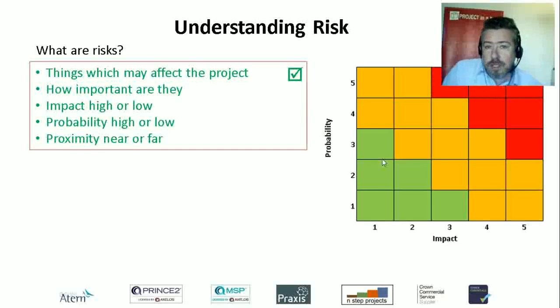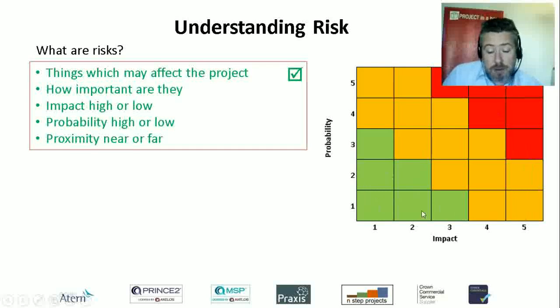And people often try and pull together this idea of importance, or risk significance or rating, by bringing together the idea of impact and probability. Some people, like I say, bring in proximity as well, but the idea of scaling them. So you might have an impact scale of 1 to 5, say, or 1 to 3, or 1 to 4, or 1 to 7, and a probability scale of something similar, 1 to 5. Sometimes it's percentages, 0% to 100%, and then they range those.